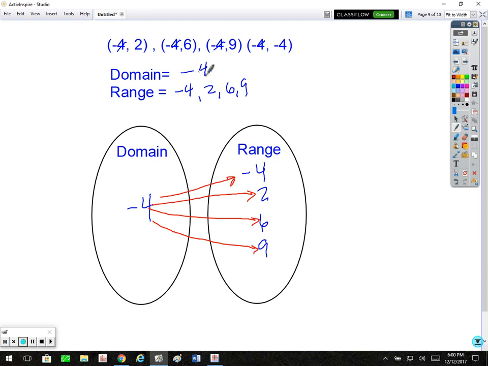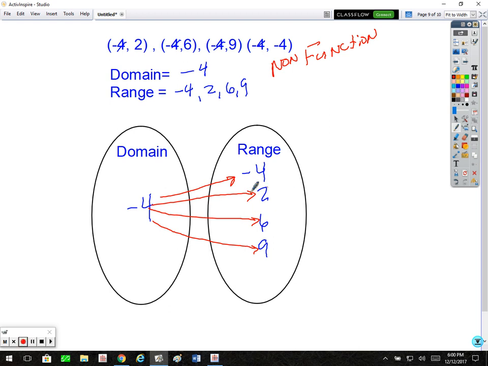Up here, we said this is a non-function because the -4 is repeating, correct? Well, let's look down here. If I look in here, I only see one number, but I see 1, 2, 3, 4 lines coming off of this number. That lets me know that this domain is paired up with 4 values in the range.